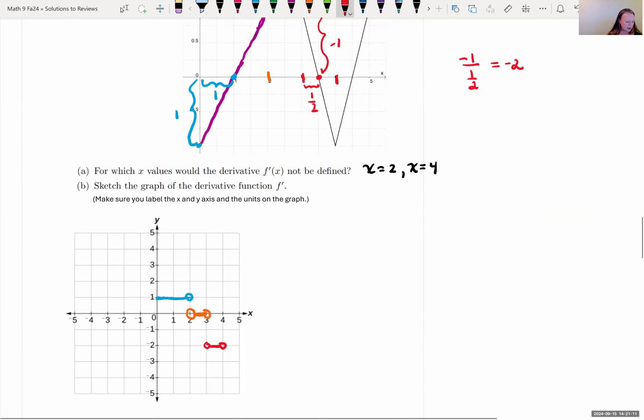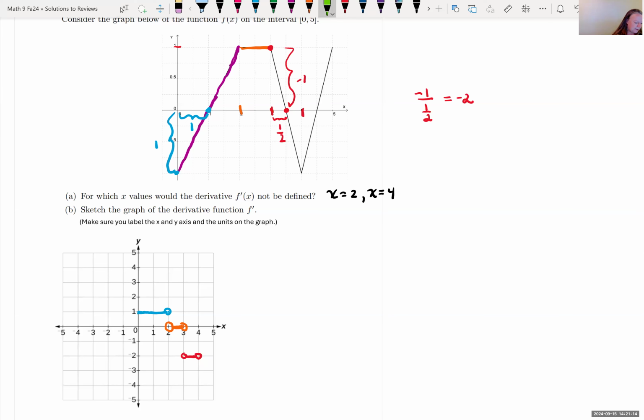And then the last piece that we're looking at, I see that my graph is increasing from x equals 4 to x equals 5. I'm looking at some points here. So this would be y equals 1 down here, and a point right here. So if I'm increasing 1, I'm running over a half. So 1 over 1/2. This is the same thing as 1 divided by 1/2.